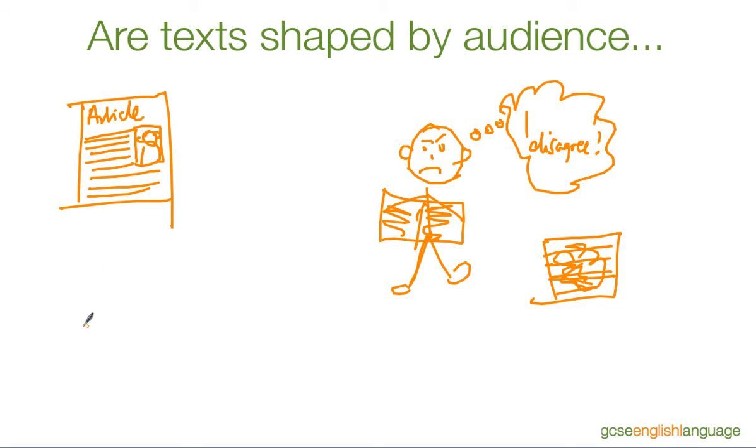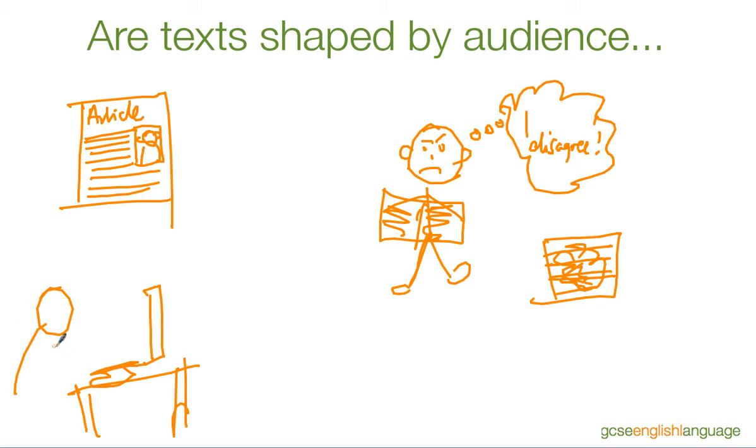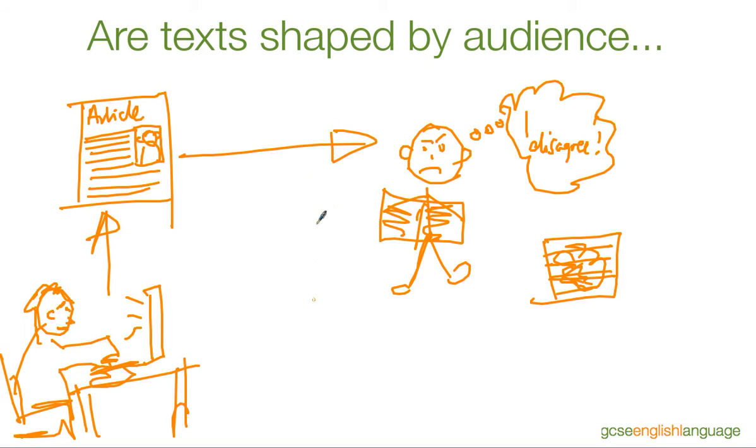And so what the writer does, when the writer's sitting slaving away over the article, is make sure that what they write is what the audience want to read.